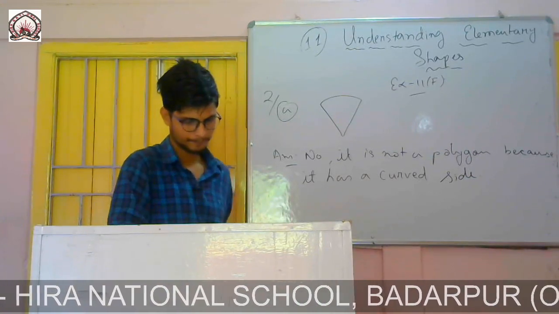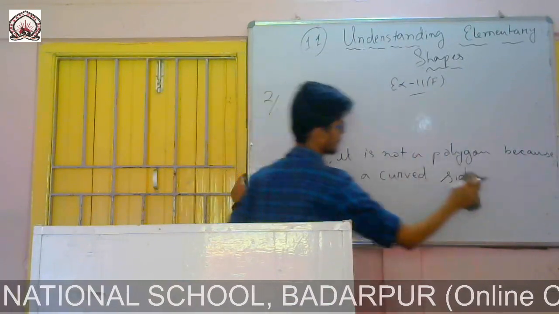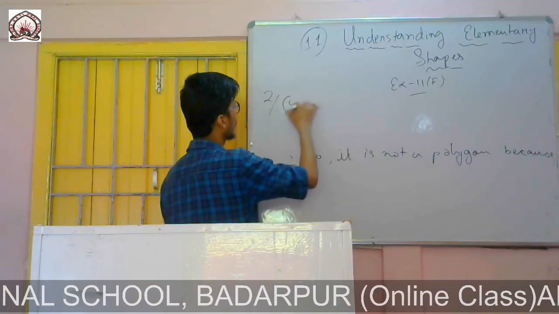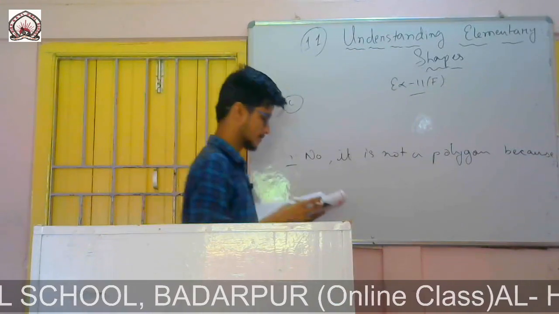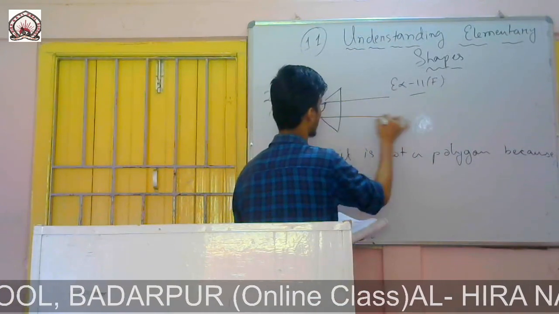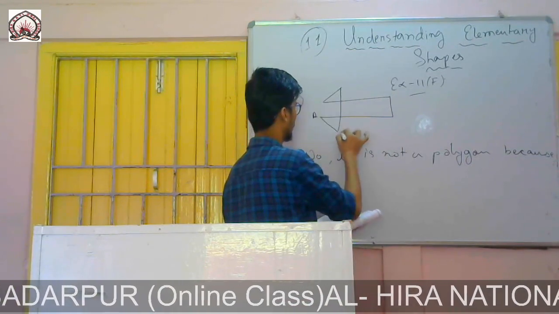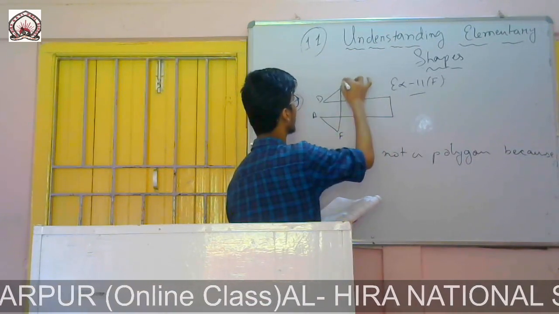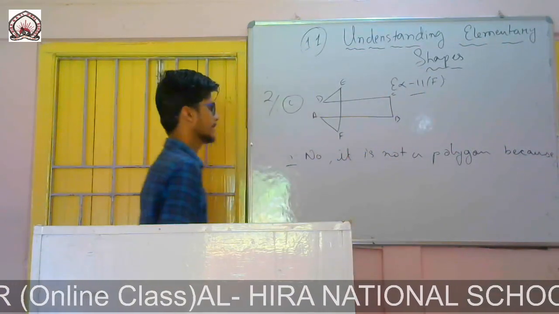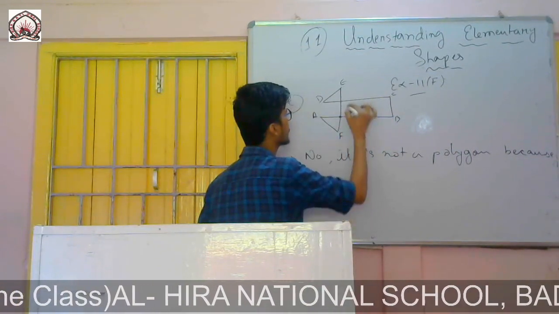Now question number C. You see, the figure is given like this, with A, F, D, E and C, B. They are not only joining at their end points, somewhere they also intersect.